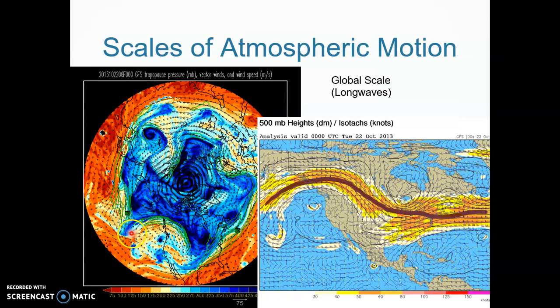Now I want you to notice we have a wave pattern over North America that exactly matches the wave pattern that we just saw over North America. The point I want you to see is that these wind patterns go all the way around the Earth. This is an example of a long wave, and the jet stream is at the core of it.